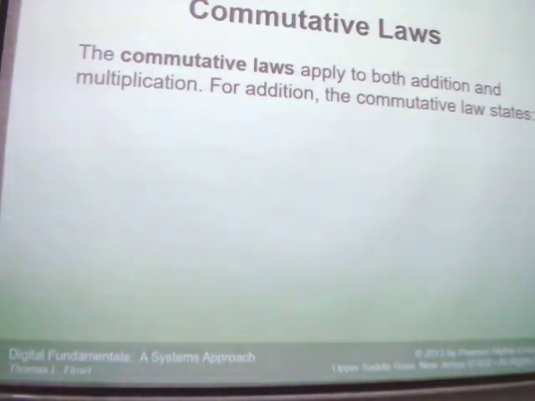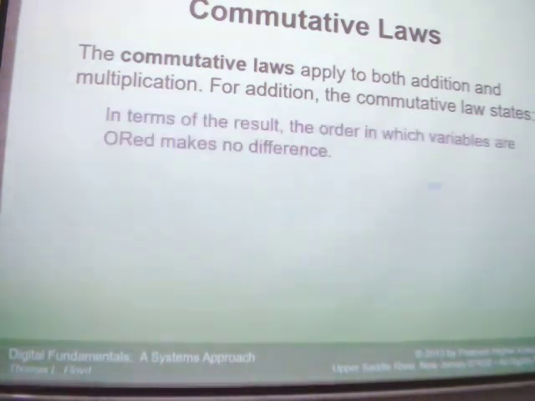Commutative laws apply to both addition and multiplication. For addition, the commutative law states that the order of the variables makes no difference in the result. That is to say, A or B equals B or A. This is the commutative law for addition.